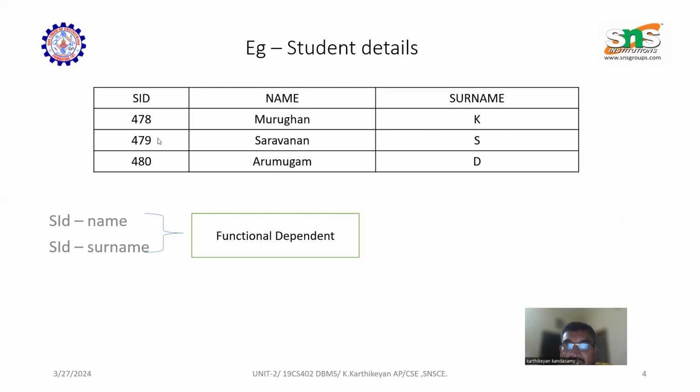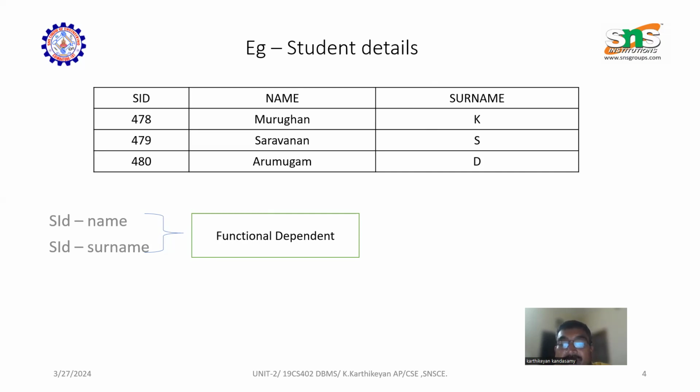449 Saravanan and S, and 480 Arbugam and D. So student ID, name and surname are functionally dependent. For example, the student ID determines the name, and the name determines the surname. Suppose we ask whether the student ID is dependent on surname, yes or no. If it is yes, the answer is wrong.